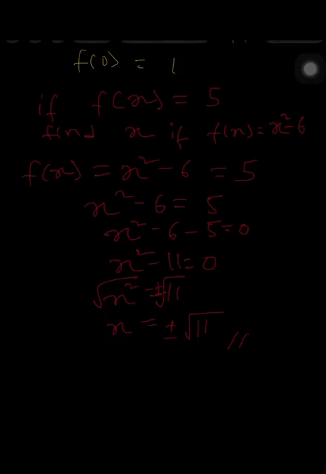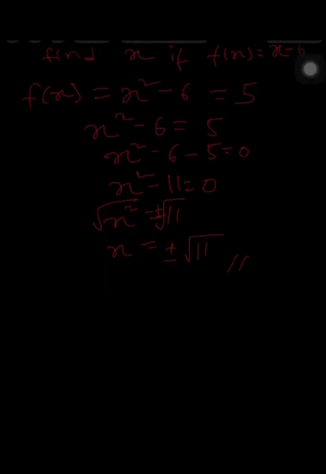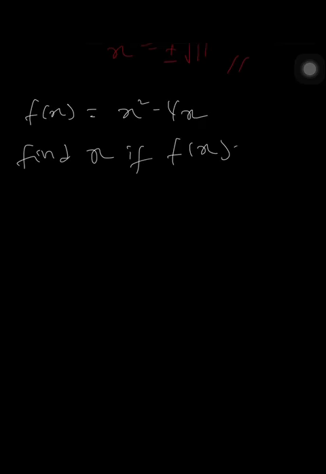Let's take another function. f of x equals x squared minus 4x. Find x if f of x is equal to negative 4. It means that f of x is x squared minus 4x, which gives us negative 4.